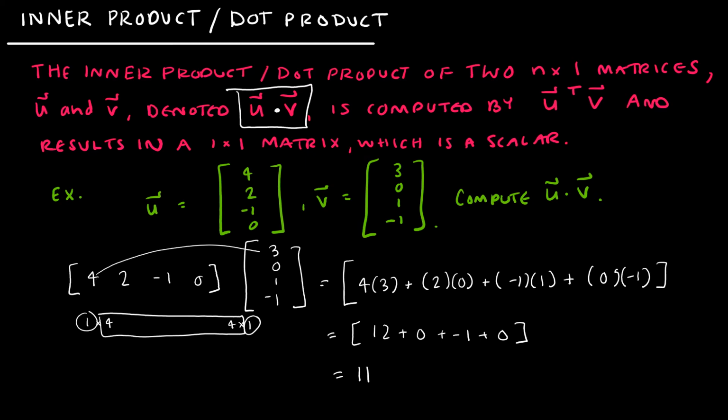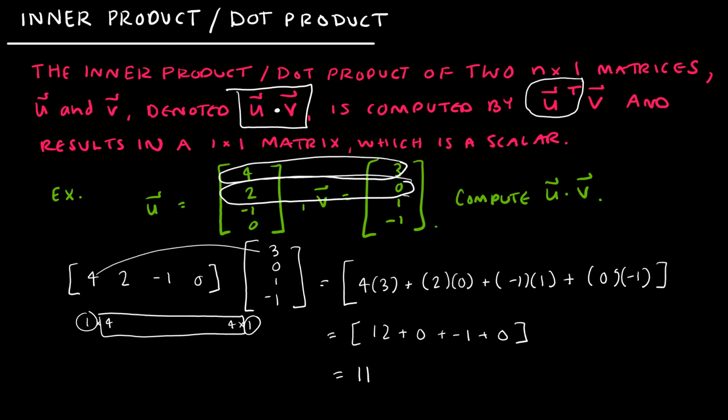I also want to point out something that hopefully was pretty obvious as we started here. Yes, technically what I'm doing is taking u and finding the transpose, but really I don't need to write it out like that, because what am I going to do? I'm going to take 4 times 3 plus 2 times 0 plus negative 1 times 1 plus 0 times negative 1.